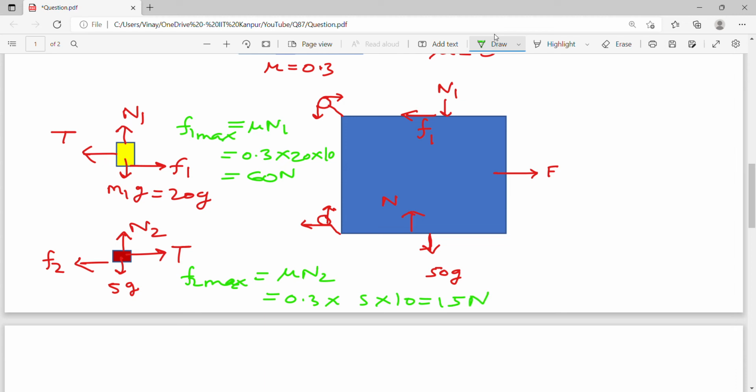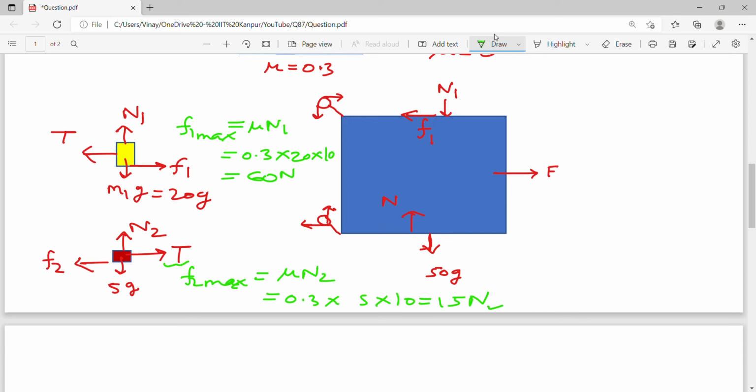Tell me one thing. Which mass will have more tendency to move, and dynamic friction will act? This one, right? Look, what is the force that is causing the masses to move? Tension T, right? Of course, capital F is the main driving force, but how is that capital F being transferred to these masses?